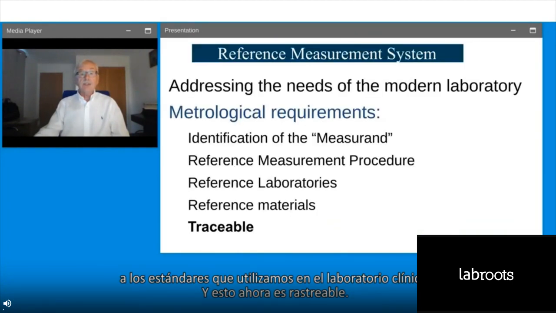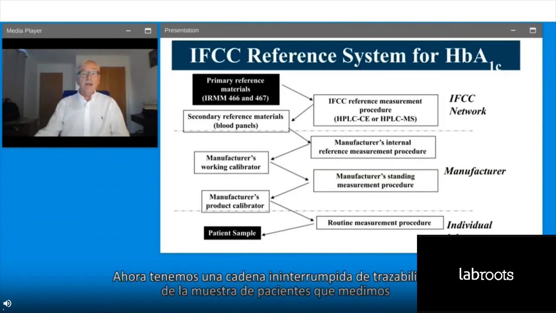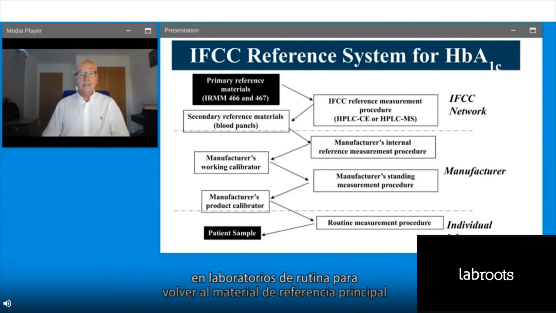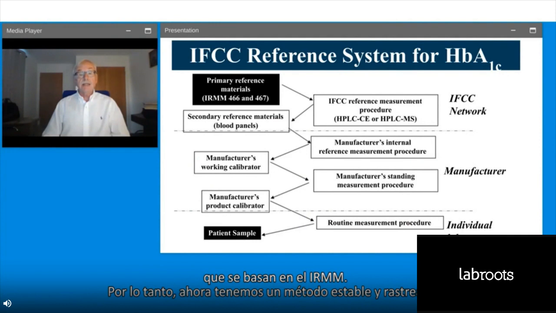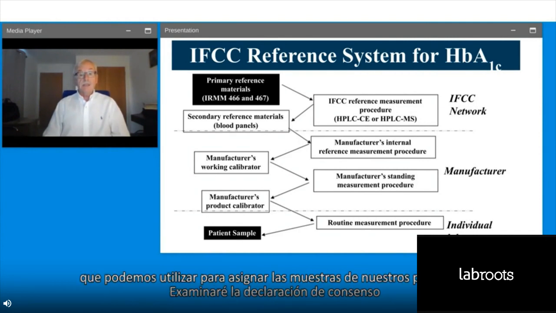And it is now traceable. We now have an unbroken chain of traceability from the patient sample that we measure in routine laboratories back to the primary reference material, which are banked at the IRMM. So we now have a stable, traceable method that we can use to assign our patient samples to.